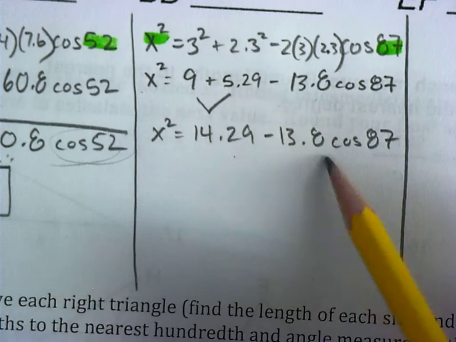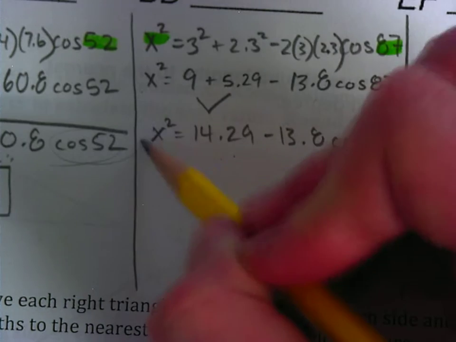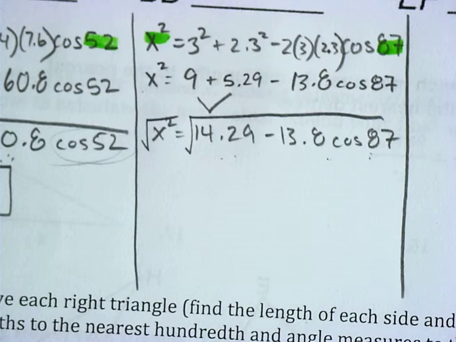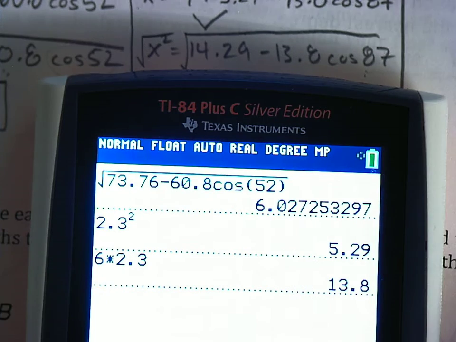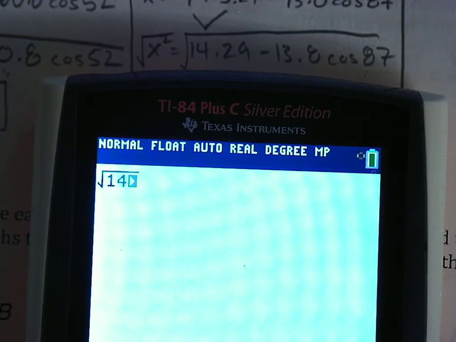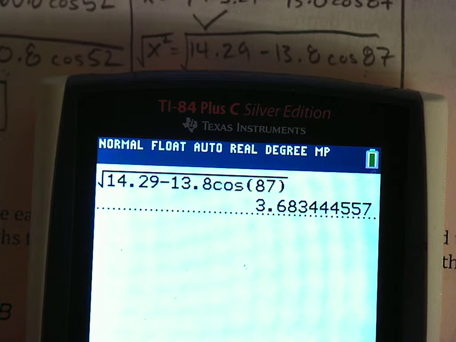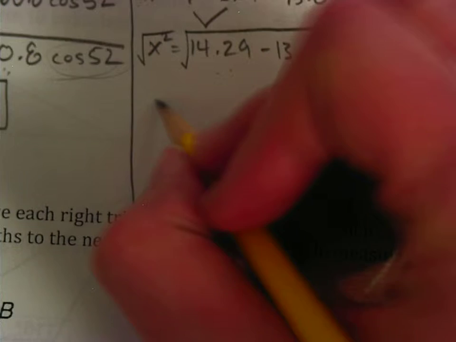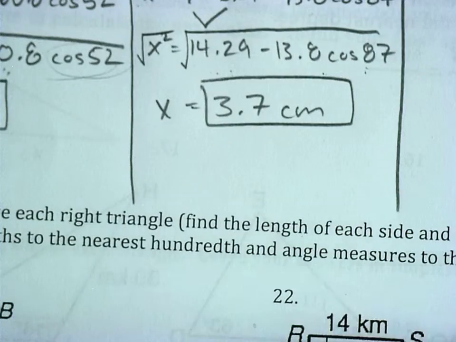And again, I can't combine these because this one has a cosine of 87, this one doesn't. But I can square root it and then plug it into the calculator. So exactly how we see it, that's how we want to do it. So square root of 14.29 minus 13.8 cosine of 87. And after we round to the nearest tenth, it'll be 3.7 centimeters, that is.